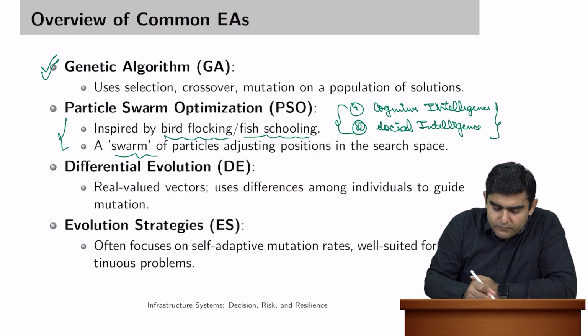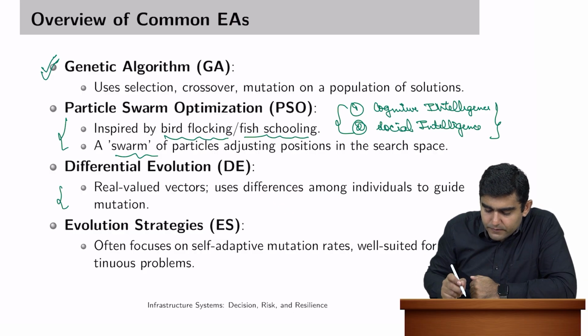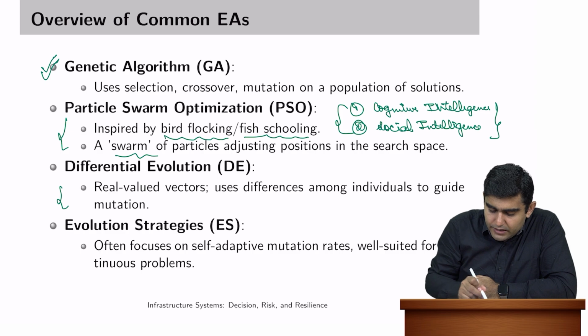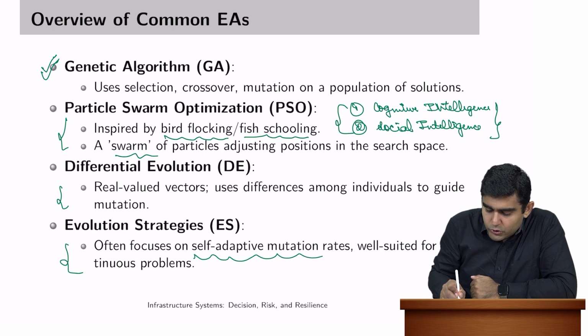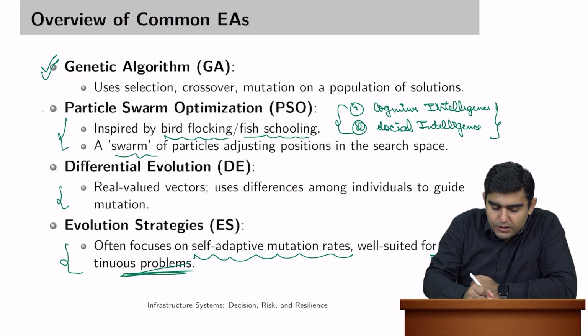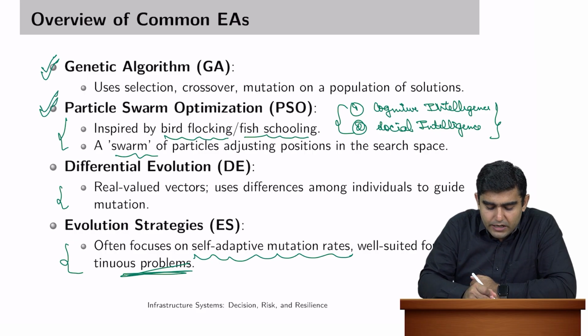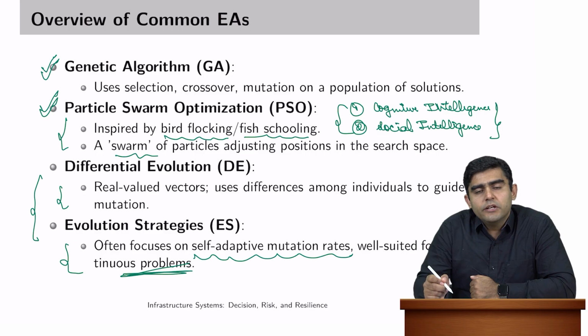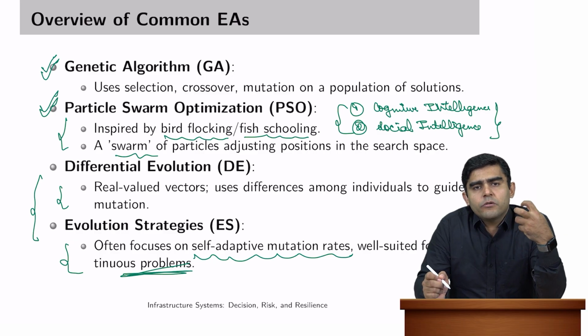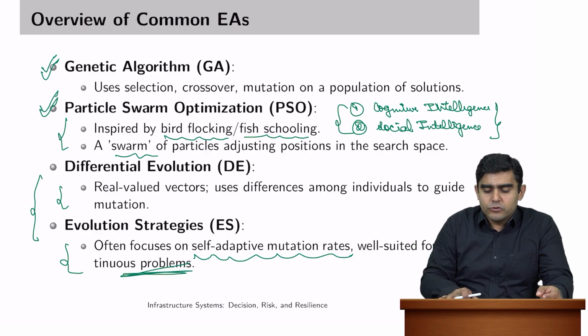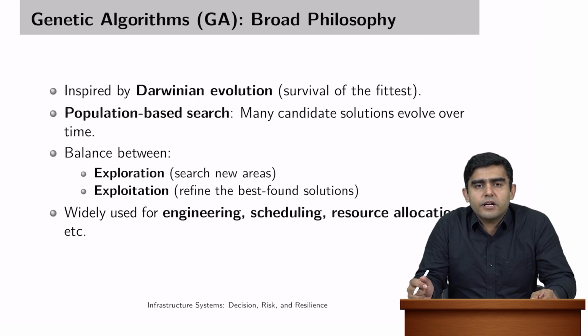deal with. And then we also use something called differential evolution, and another is evolution strategies, where we also include self-adaptive mutation rates, and these are well suited for continuous problems. In this particular course, we will primarily focus on GA and PSO, and I would encourage readers to use a similar philosophy to learn more and more nature-inspired approaches for optimization as and when use arises.